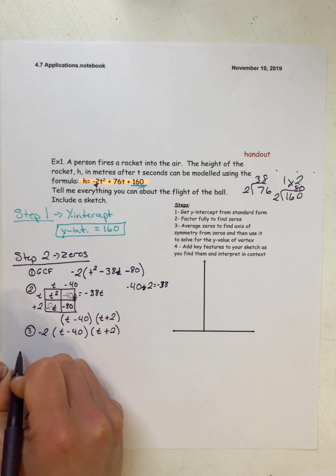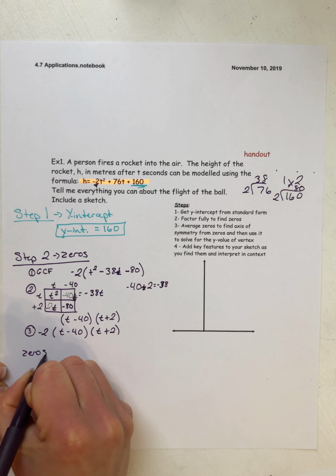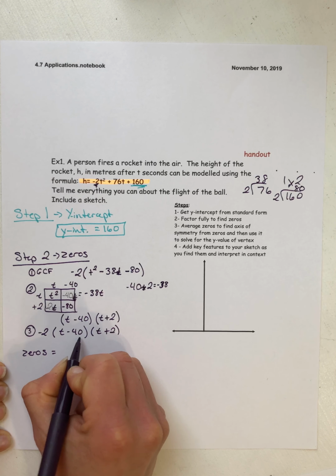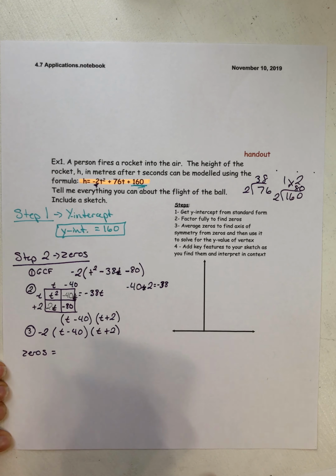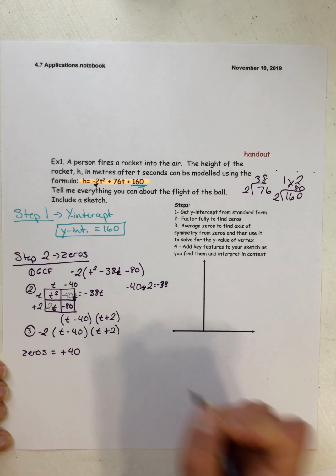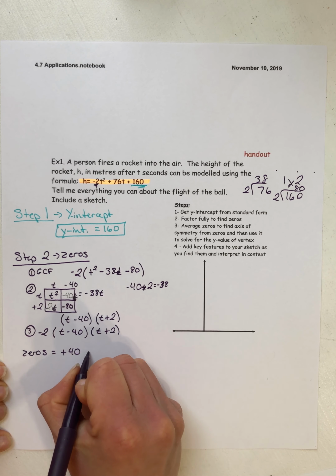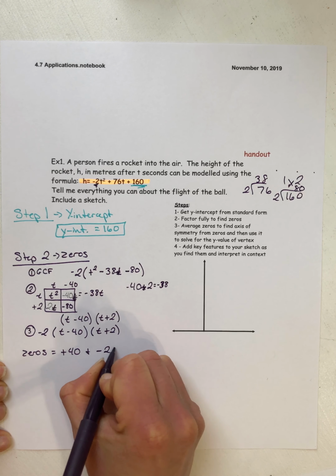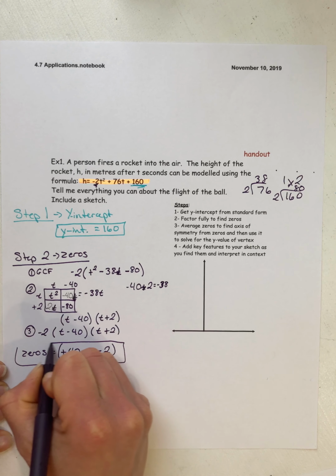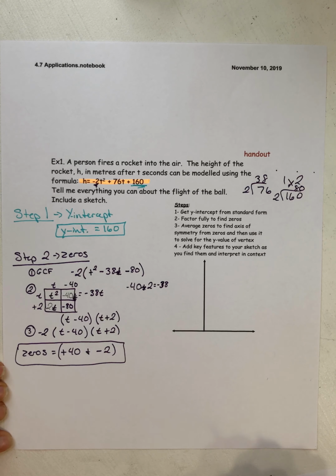And then our zeros are, when we pull them out of the bracket, remember, it turns the opposite. So negative 40 turns into plus 40, and positive 2 turns into negative 2. I'm just going to bracket both of those. So those are our zeros.